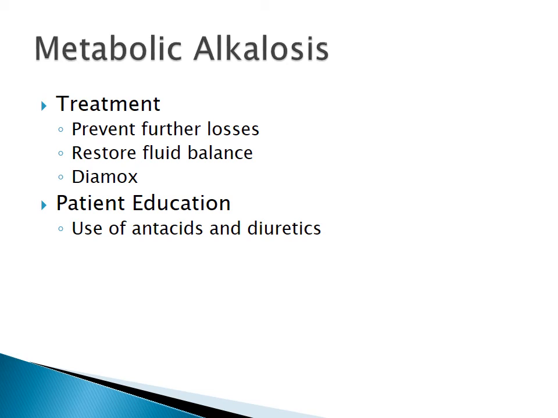Also, if the patient is vomiting, we need to consider antiemetics. We certainly need to restore their fluid balance. And we can also consider the drug Diamox, which I haven't seen too much of recently, but Diamox will increase the excretion of bicarbonate by the kidneys. So that will help lower that pH.